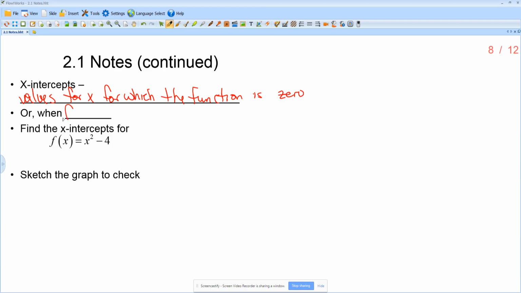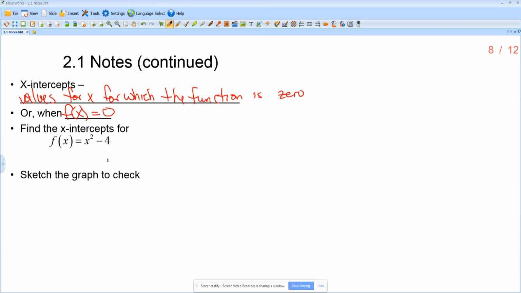Or, in math terms, it's when f of x is equal to 0. Those are the points on the graph in which the function, in this case a parabola, or a quadratic function, crosses the x-axis.